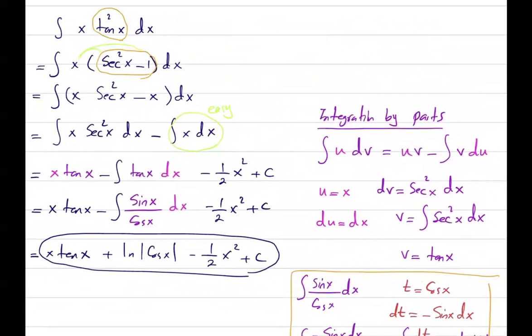We get two integrals. The first integral, which is a little bit more difficult, we applied integration by parts for it. But the second integral, which is easy, is basically negative a half x squared plus c. We just copy it down. But for the first integral, we used the integration by parts method.